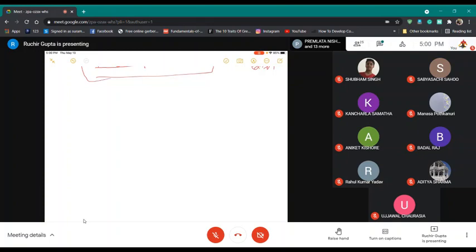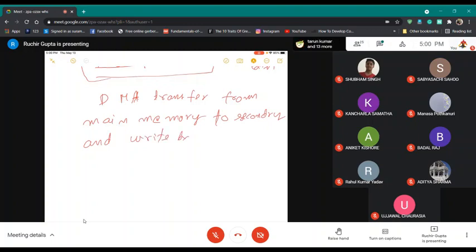So when there is a DMA transfer from main memory to secondary memory, and write back protocol is used, what will be the problem?